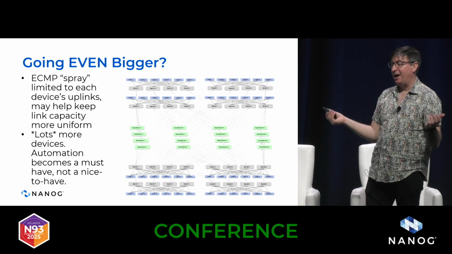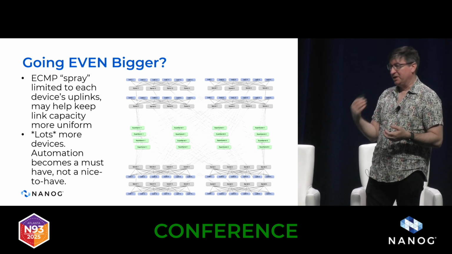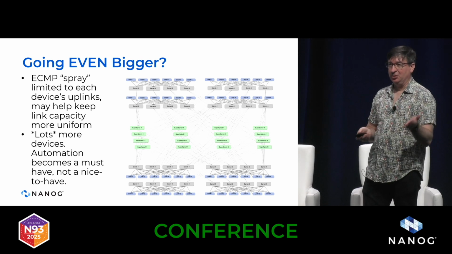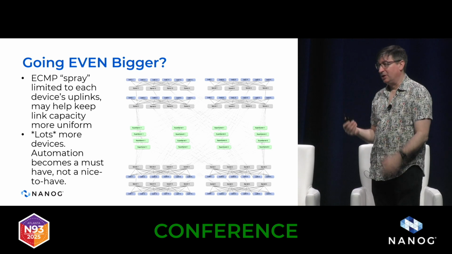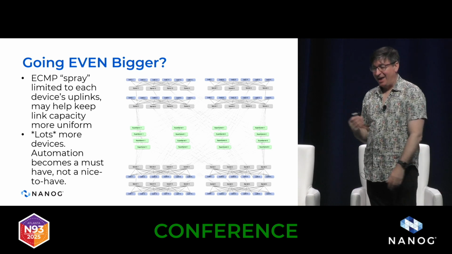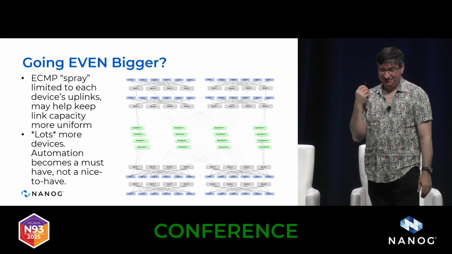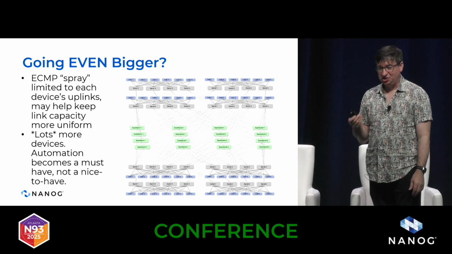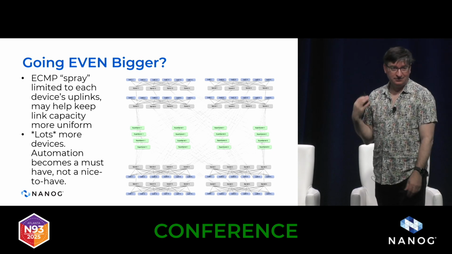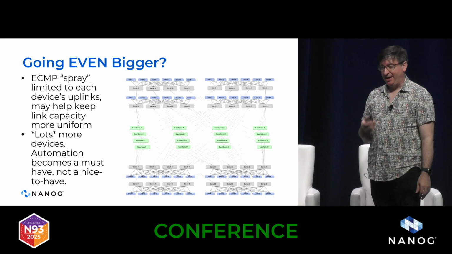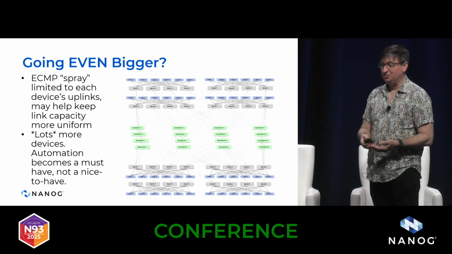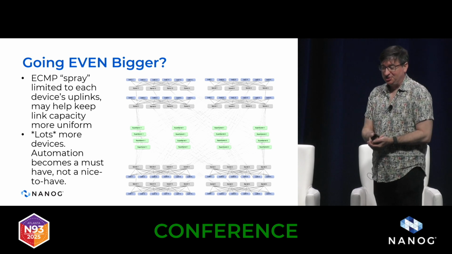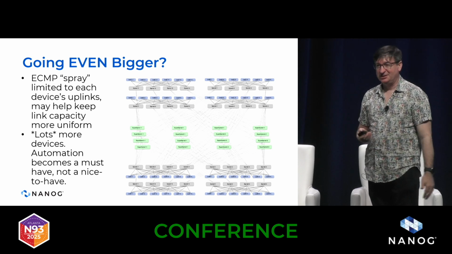The wider an ECMP width, the higher the risk of uneven traffic flows between individual links, and reducing that will help a lot there. Now, don't even think of implementing this unless you are automating it. This is going to be a highly complex design, and you will want provisioning systems, you will want ZTP. There's just way too many elements in this to manage manually.